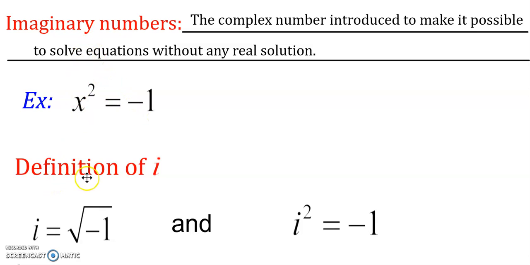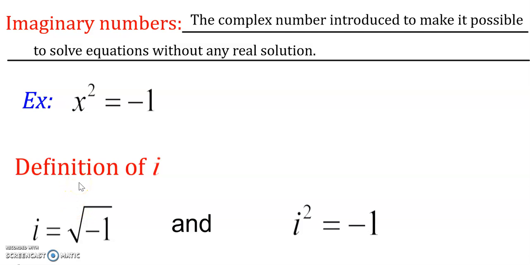Some mathematician defined i as the square root of -1. So now, anytime I have a radical that's basically impossible to solve, I can pull out a -1, and then it allows me to solve the radical or simplify the radical.